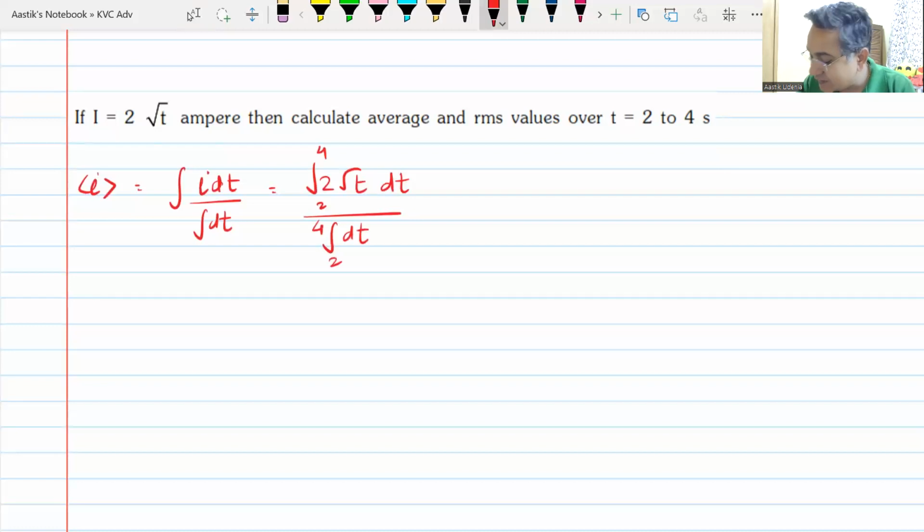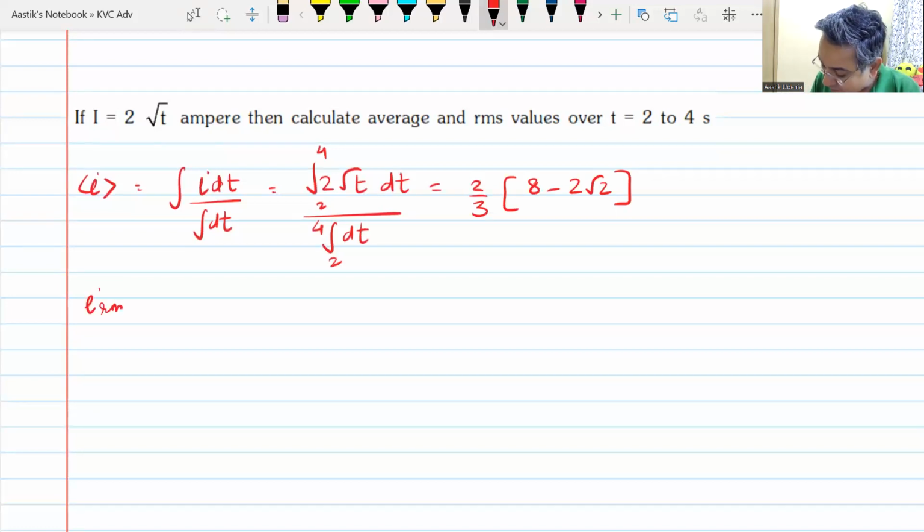Basically this will be 4 minus 2, that will be 2. Do we understand this? Yes, sir. Now if I integrate this, the answer that I have is 2 by 3 into 8 minus 2 root 2. You just need to check if this is correct.